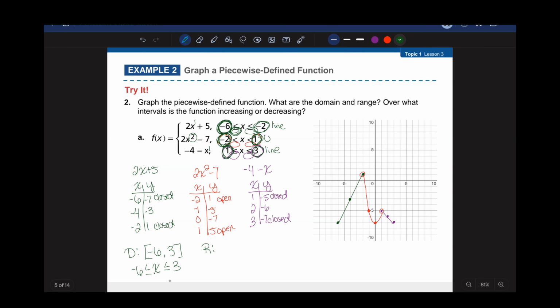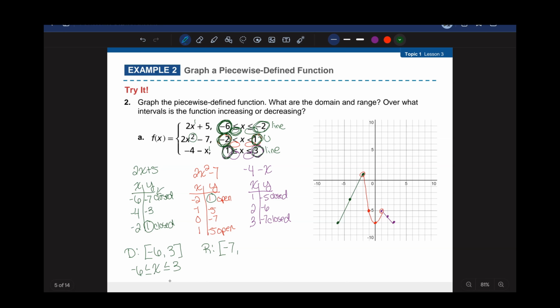For my range, again, since I know I don't have any breaks, I can look at my tables here. It looks like -7 is the lowest, but 1 happens to be the highest. Now at -7, I do have a closed circle, so I know this is a bracket.